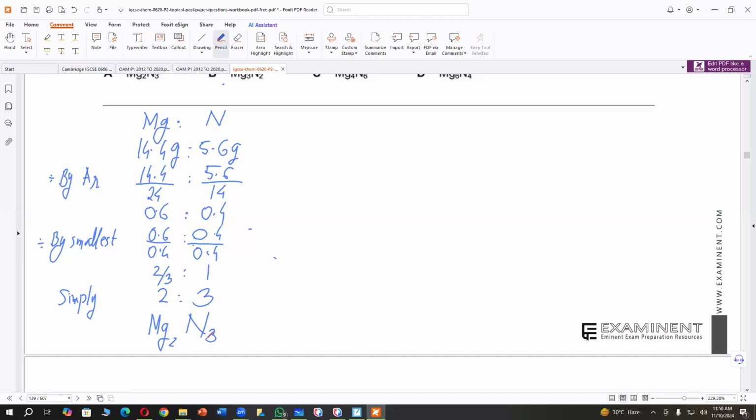Isn't it 2 and 1? You're getting 1.5, yes, 1.5 ratio 1. So you can make it 3 upon 2. Then it will become 3:2, magnesium 3 and nitrogen 2. Copy this working. Please do all the work with me. That is the purpose of the book.